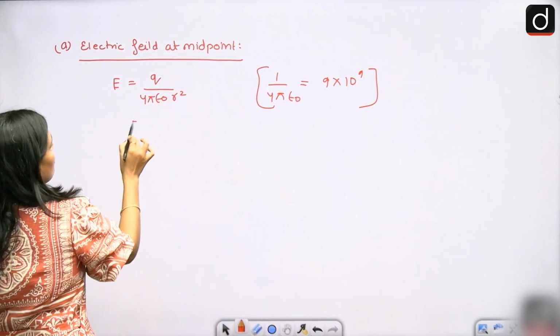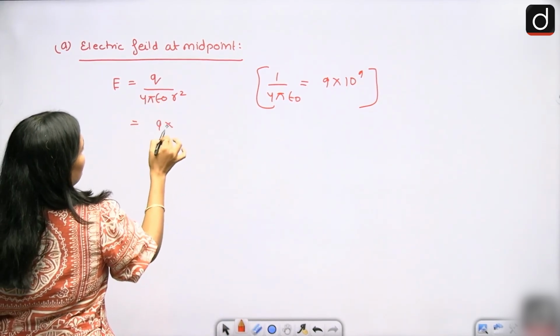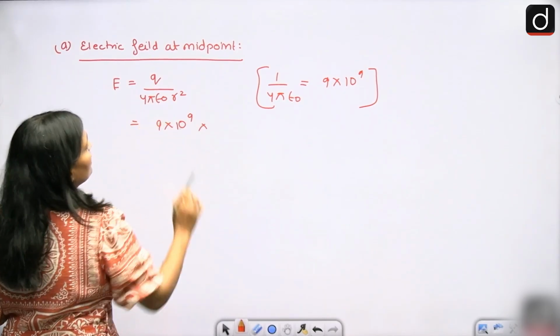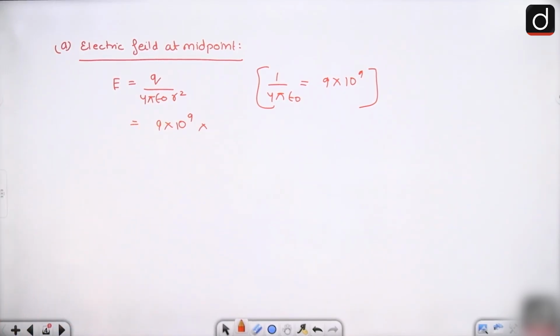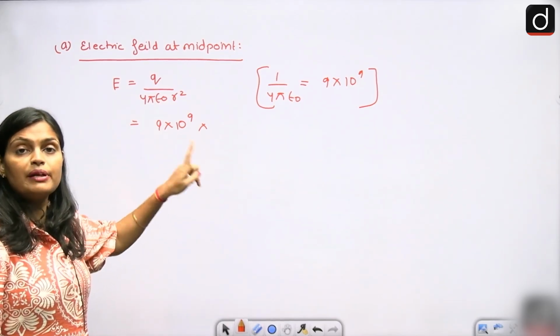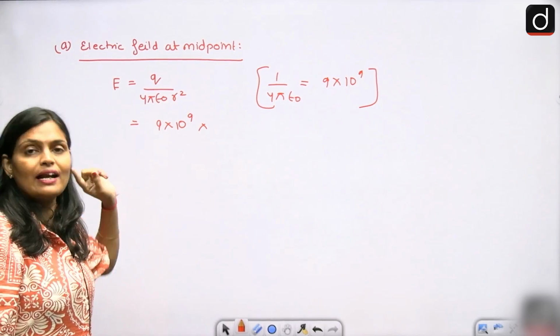So in place of this, you can write 9 into 10 to the power 9 multiplied by Q by r square. First calculate the electric field intensity at the midpoint due to one charge.